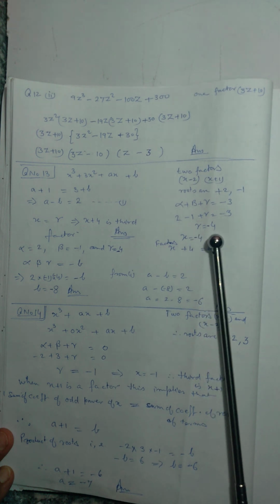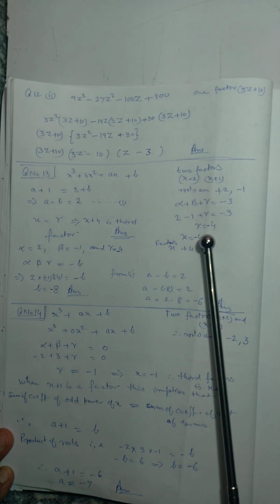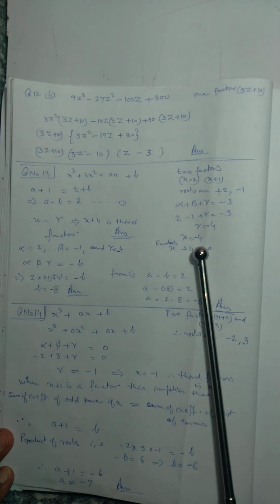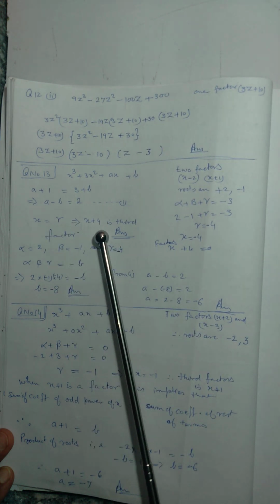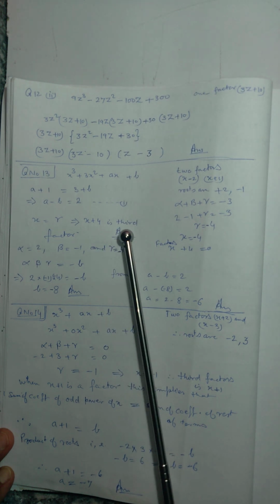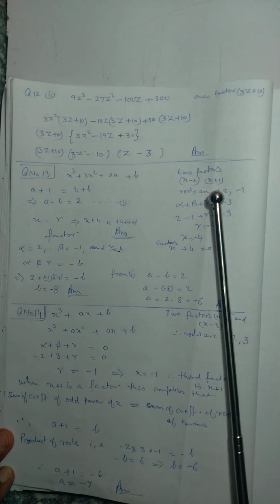As the root is minus 4, what will be the factor? The factor will be x plus 4. You see, x is equal to minus 4, so the factor will be x plus 4. So I have written here that the third factor is x plus 4. Now it is already given that x plus 1 is one of the factors.